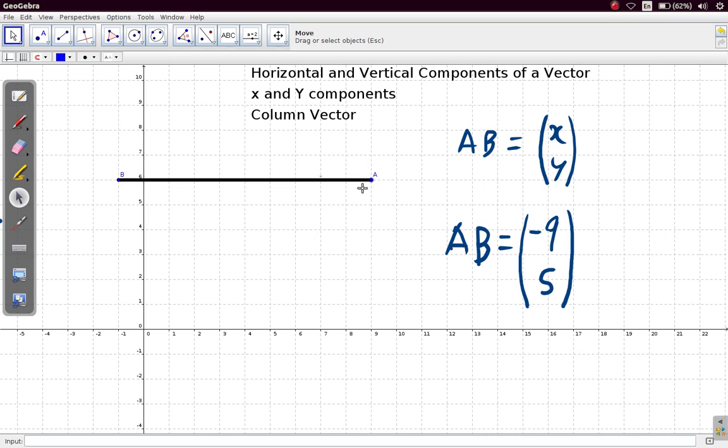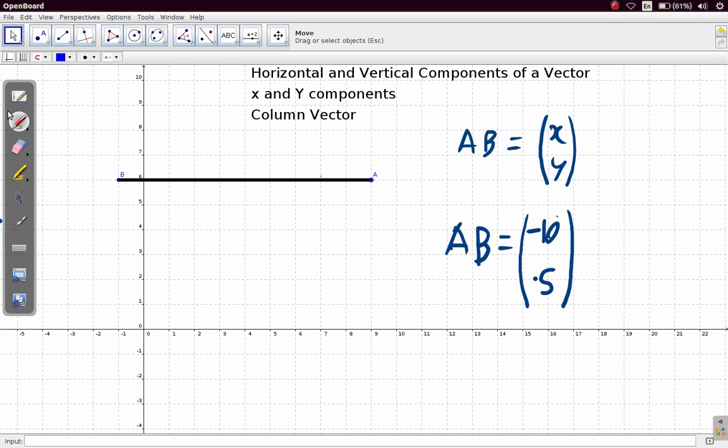Here, you move from A to B. Let me be careful here. Move 1, 2, 3, 4, 5, 6, 7, 8, 9, 10 to the left. So what you have is a negative 10 for x, the horizontal component, negative 10.